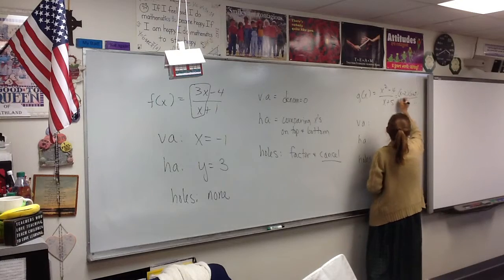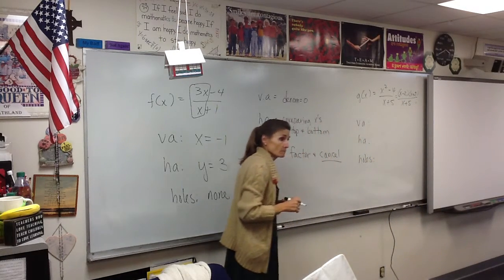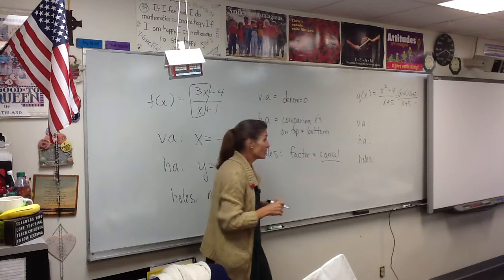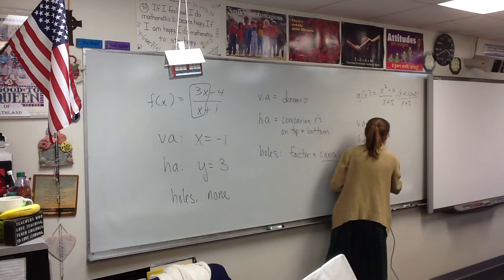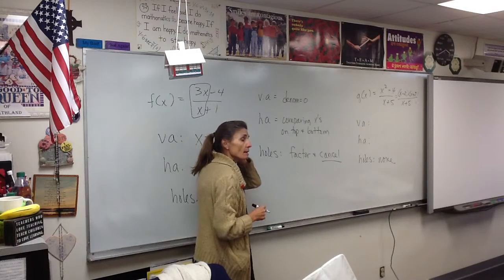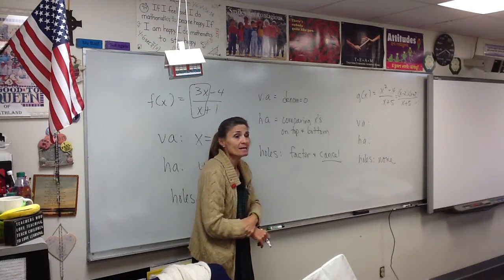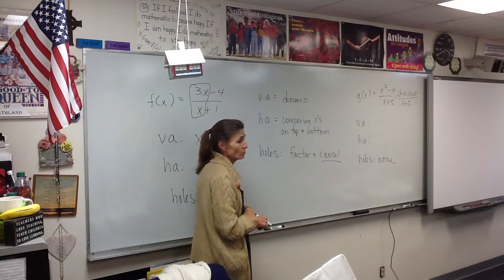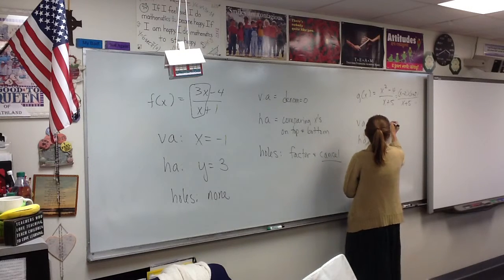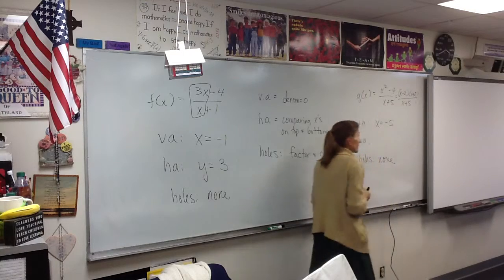But is it going to do me any good? You still can't cancel, which means there are no holes. Is there anything that would make the denominator 0? -5. So your vertical asymptote is x equals -5.